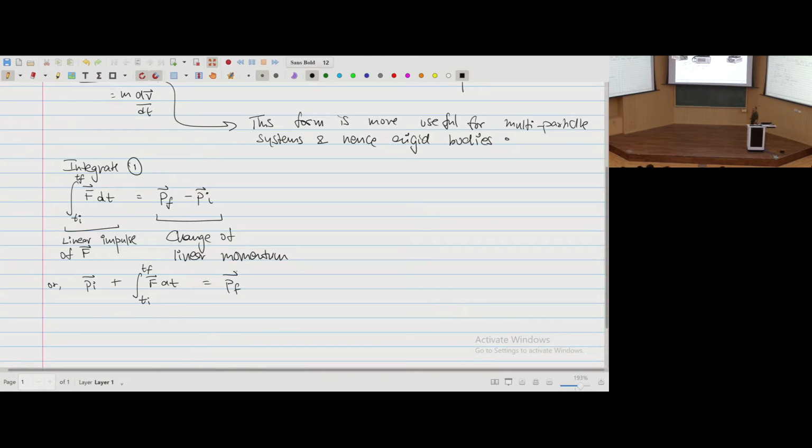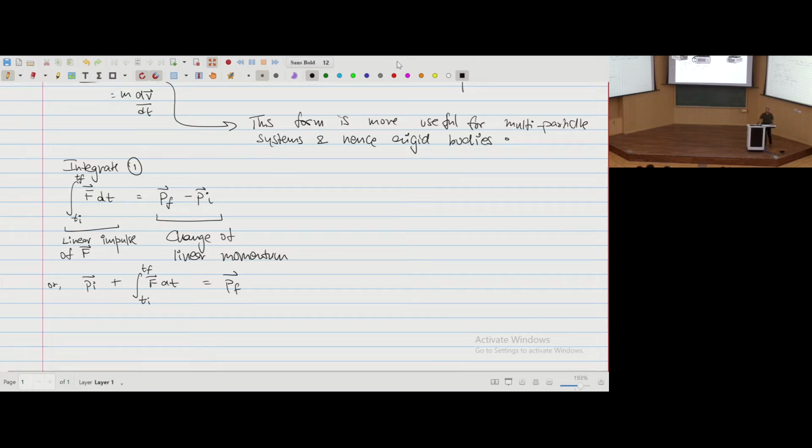In this form, it says that impulse will change linear momentum. So the initial linear momentum, if you provide an impulse, will change. So the impulse gets added to the linear momentum, and you get the final linear momentum. This is a vector equation.